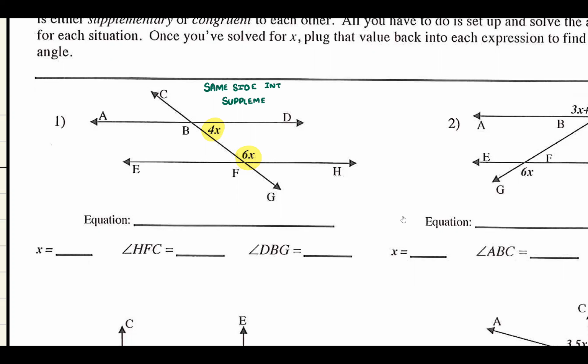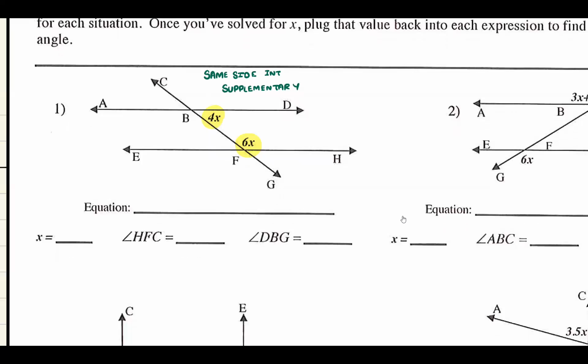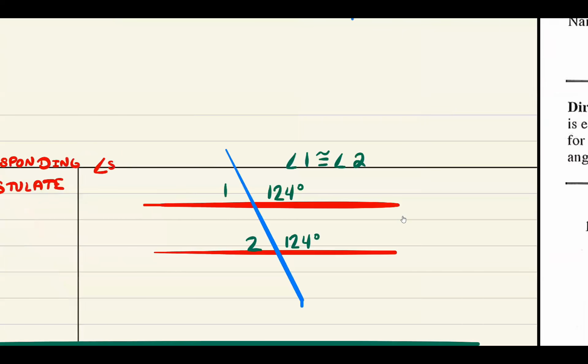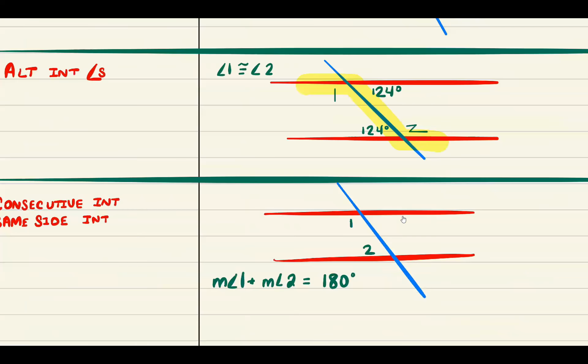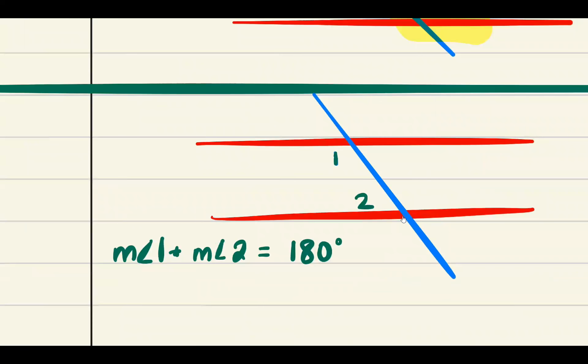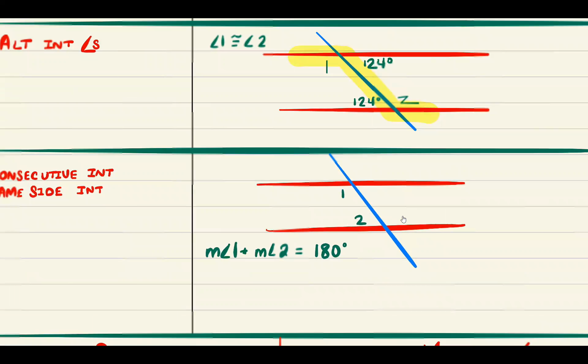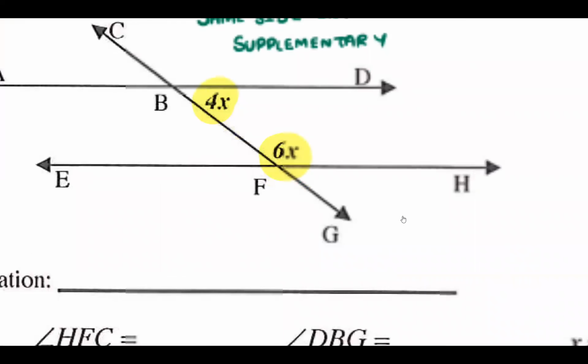Same side interior angles are always supplementary. So if we go back to our rule for same side interior, we said the measure of 1 plus the measure of 2 equals 180. So that's our definition. How would I apply that to our problem?